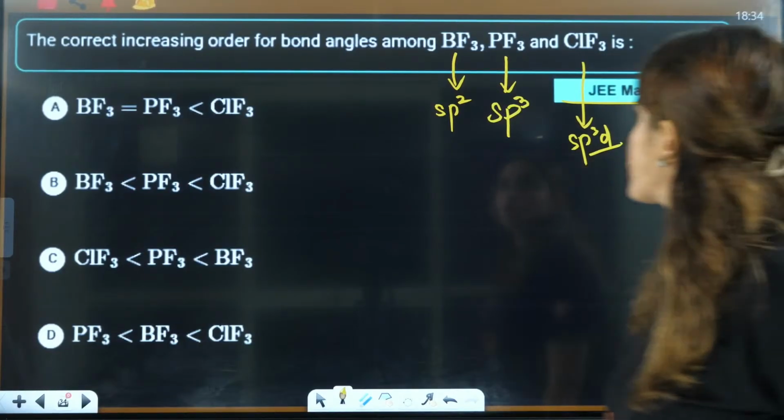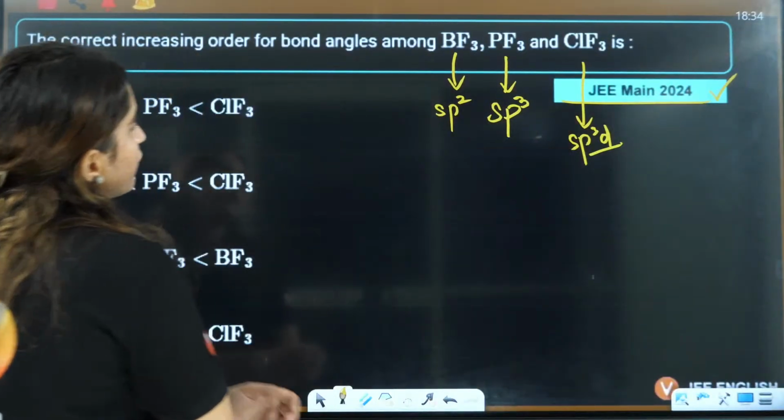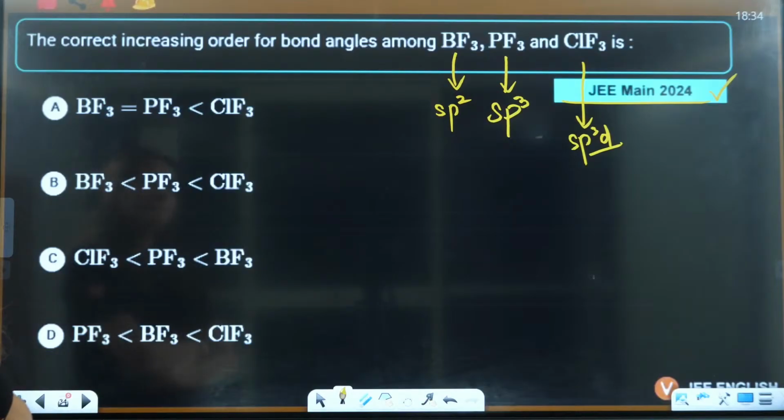So the angle order will follow this. If you increase it, from sp2 the angle decreases like this, na?